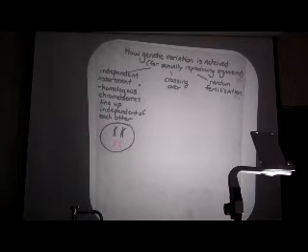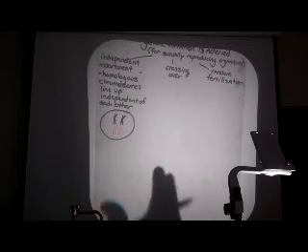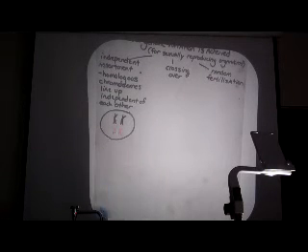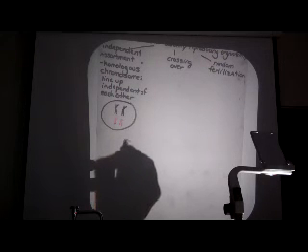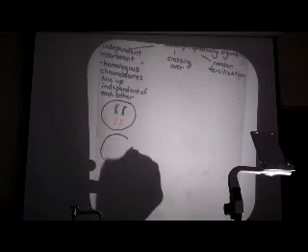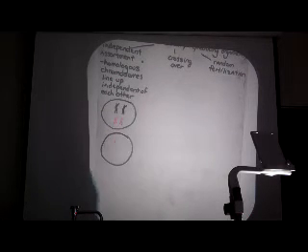So this cell has 4 chromosomes. Obviously, this cell is in prophase 1 of meiosis, so they're paired up. The homologous chromosomes are getting ready to separate. But what independent assortment is saying is, there is a chance that the homologous chromosomes will line up this way, but there is also a chance that the homologous chromosomes will line up this way. Oops, let me make that black.